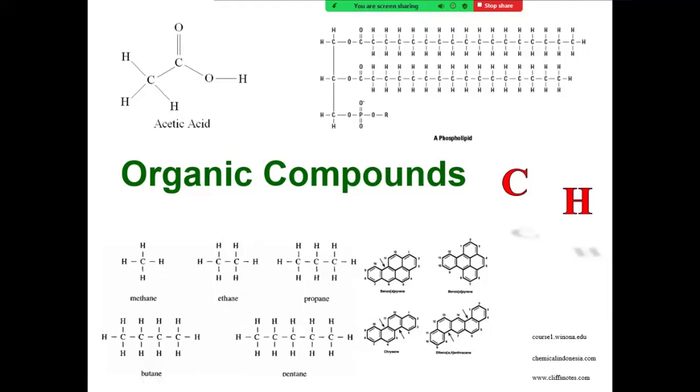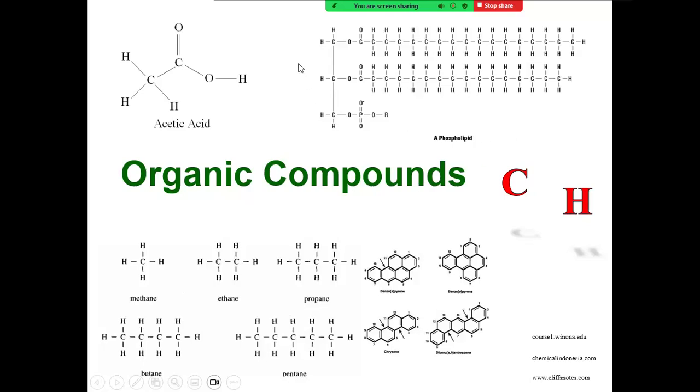There are other organic compounds that do contain elements other than carbon, like acetic acid has some oxygen. What is this substance? This might be a phospholipid. It has oxygen and phosphorus in it. There's oxygen there and oxygen there.